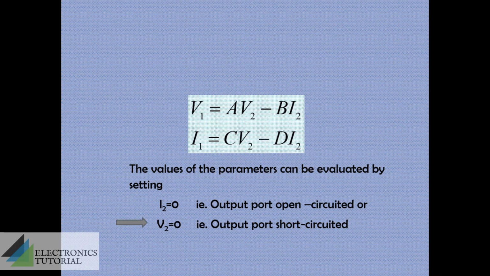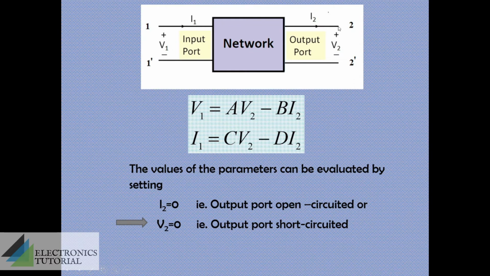The terminals 2, 2 dash need to be short-circuited. When there occurs a shorted path, both the terminals will be at the same potential. That means there won't be any potential difference. So V2 will be 0.